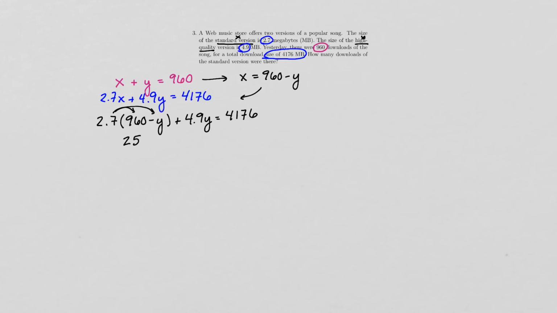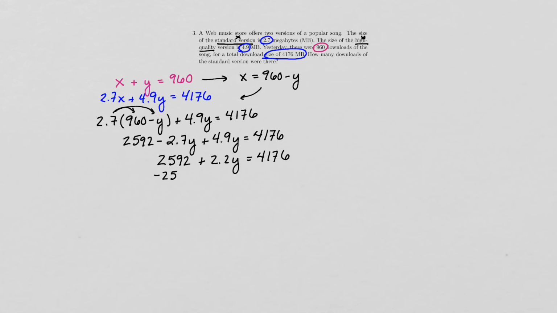If I distribute that 2.7, 2.7 times 960 is 2,592, minus 2.7y plus 4.9y equals 4,176. So 4.9y minus 2.7y is going to give us 2.2y. So 2,592 plus 2.2y equals 4,176.